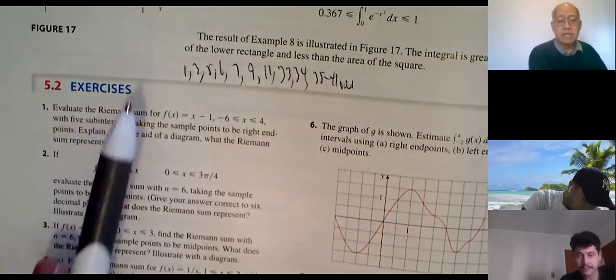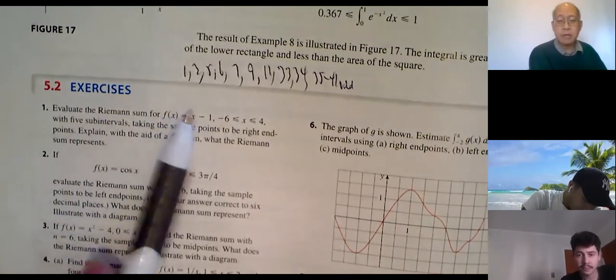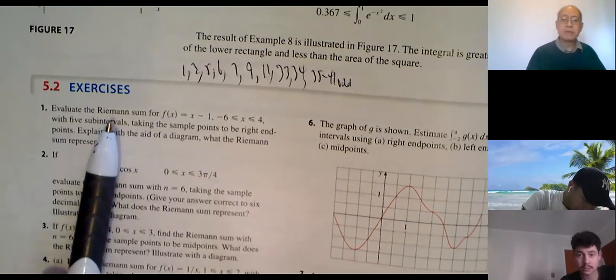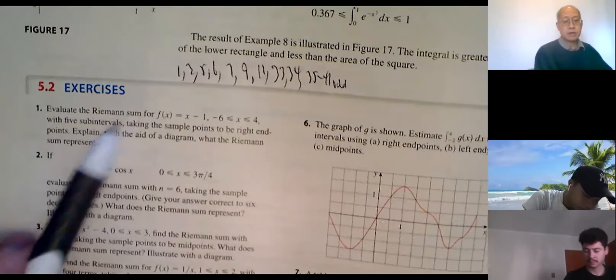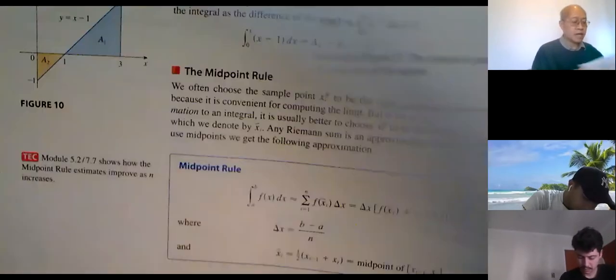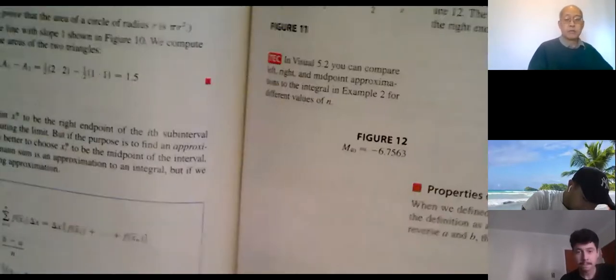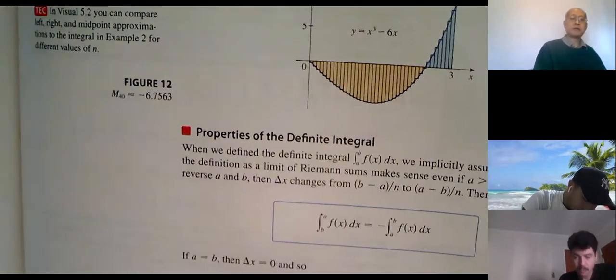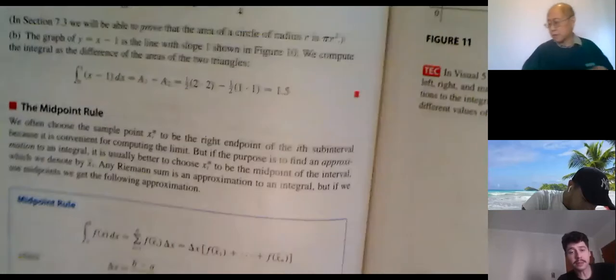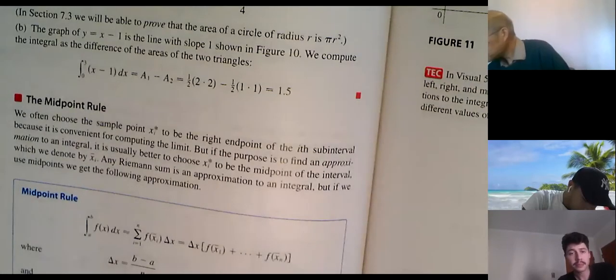When you're doing base times height and adding them all up, that's called a Riemann sum. Last time you were doing Riemann sums without even knowing it. Riemann, R-I-E-M-A-N-N. So don't worry too much about the notation.